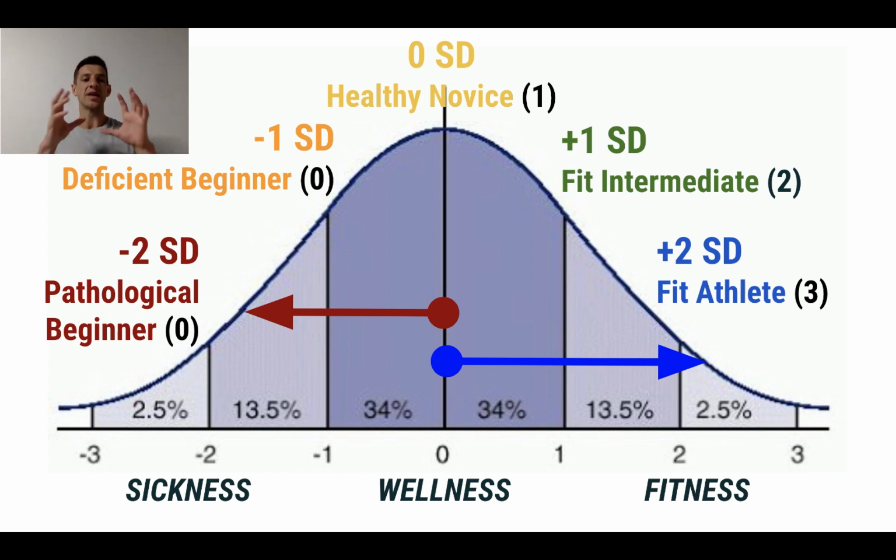Either way, beginner always is a 0. So whether you're deficient or pathological, these are actually 2 very different states. One is where you're functional, but there is a decline happening in the background, almost like aging. But pathological means there's an actual dysfunction, like you aren't able to move, or you have pain, or something like that.